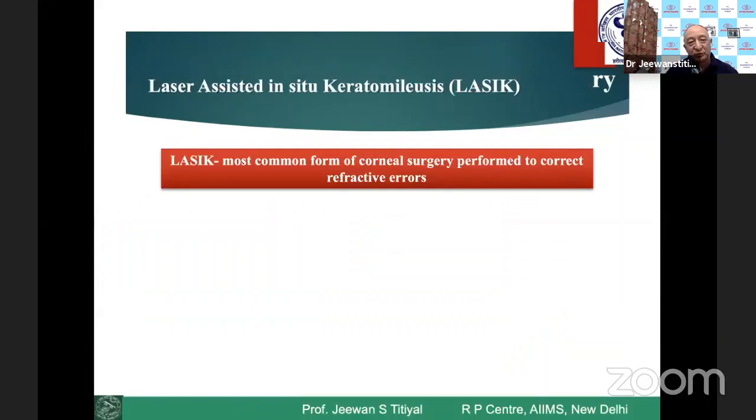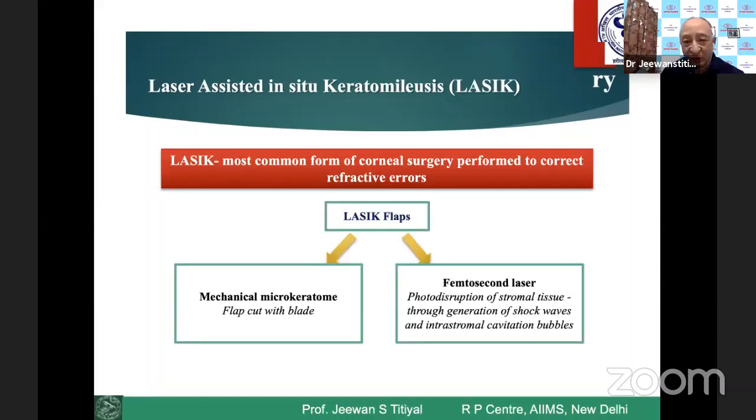So let me take you through the important surgery, which is LASIK, laser-assisted in situ keratomileusis. Basically, it is correction of refractive error by ablating the tissue after making the corneal flap. The instrument used for that is a microkeratome or a femtosecond laser to create the flap.